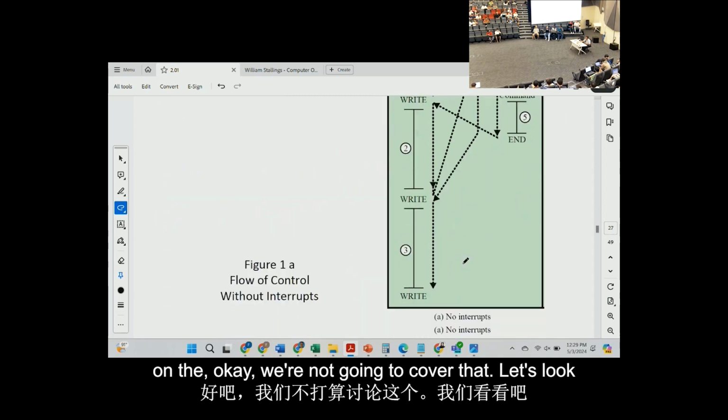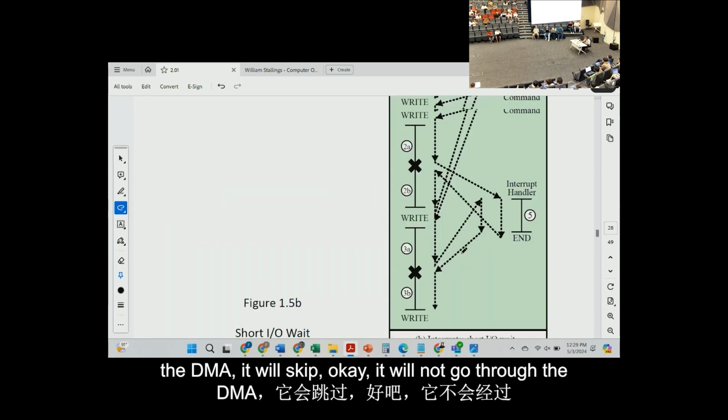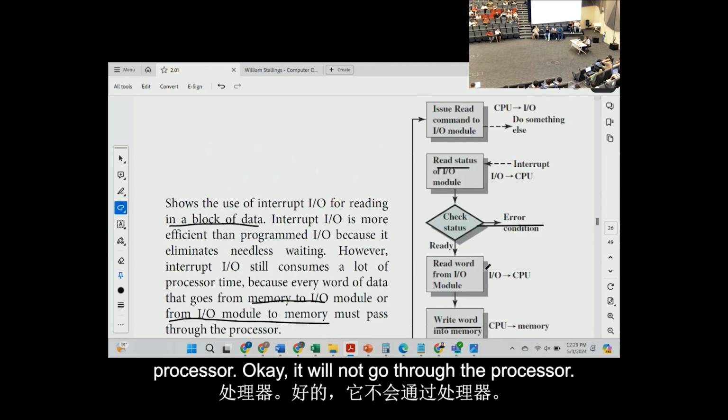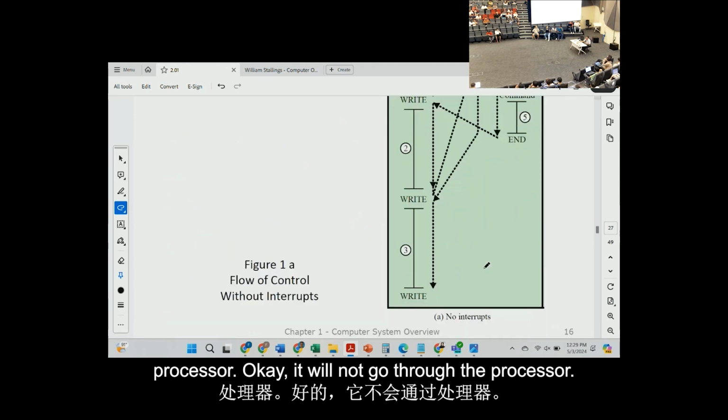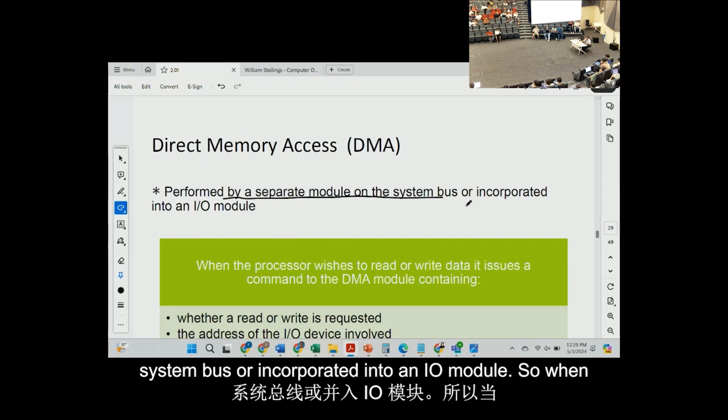Let's look at the direct memory access, or DMA for short. So for the DMA, it will not go through the processor. So how does it work? It is performed by a separate module on the system bus or incorporated into an I/O module.